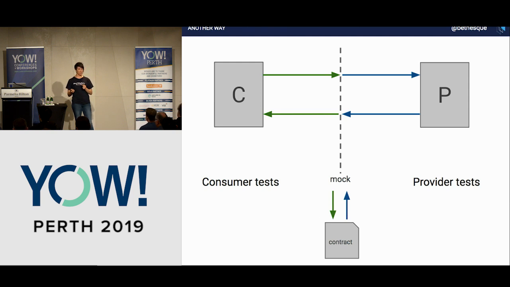And if it does, we've verified that our mock provider behaves the same way as our real provider. Now, the thing that helps us here is we now have something to keep these two sets of tests in sync. Our test symmetry solved the problem of separating integration tests, and this contract solves the problem of keeping those two sets in sync.